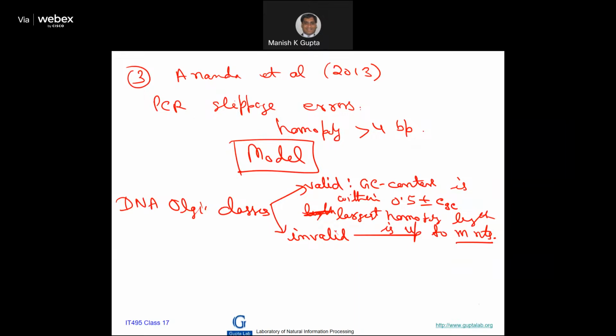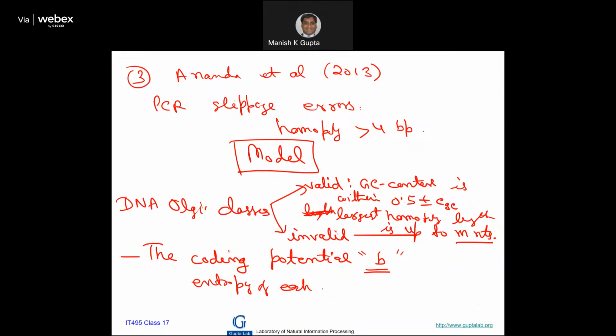Now, I can define the coding potential B. The coding potential B is the entropy of each nucleotide in valid sequence.